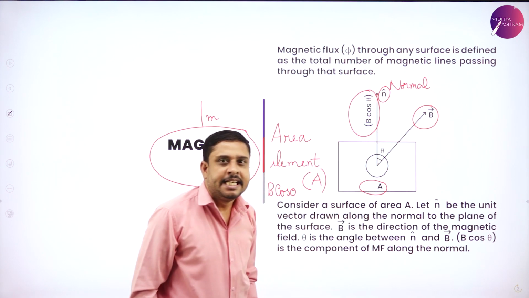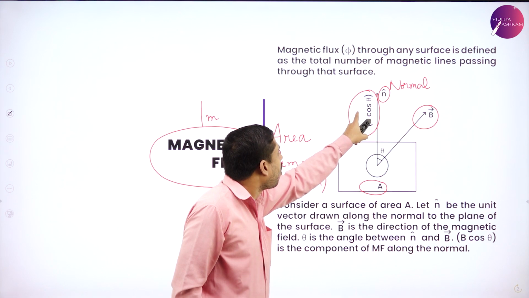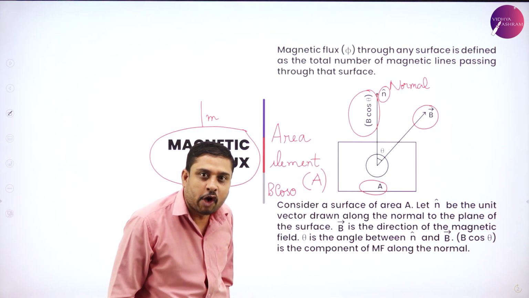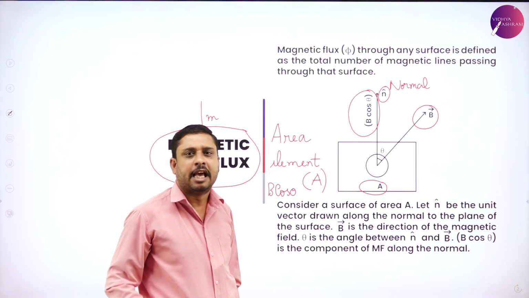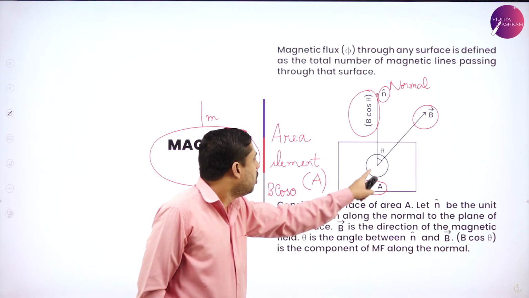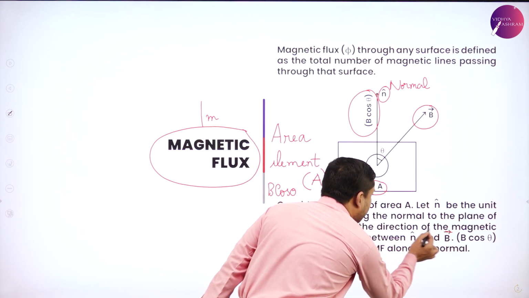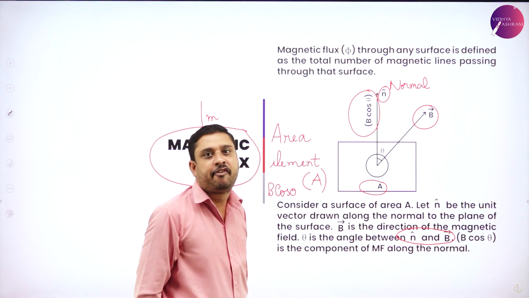N is the normal, where B cos theta is the component of magnetic field acting along the normal. What is theta? Angle between the normal and magnetic field.